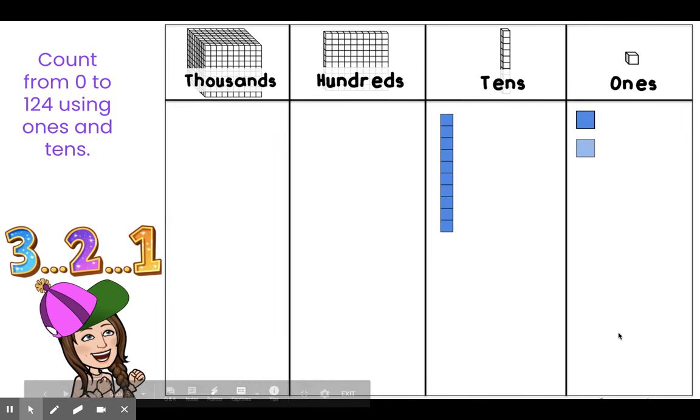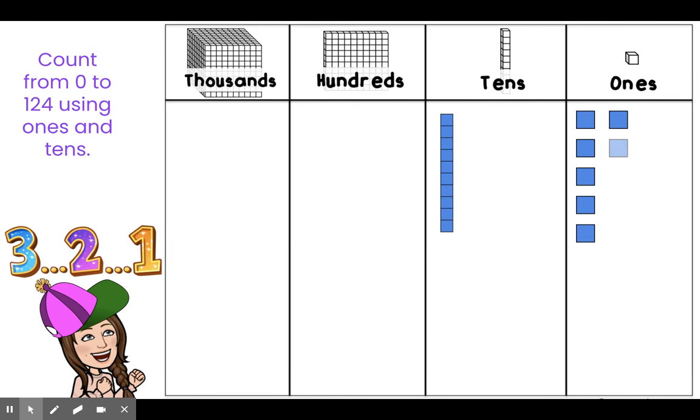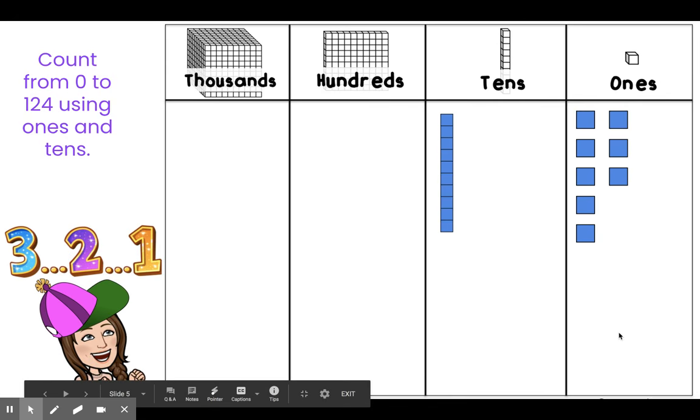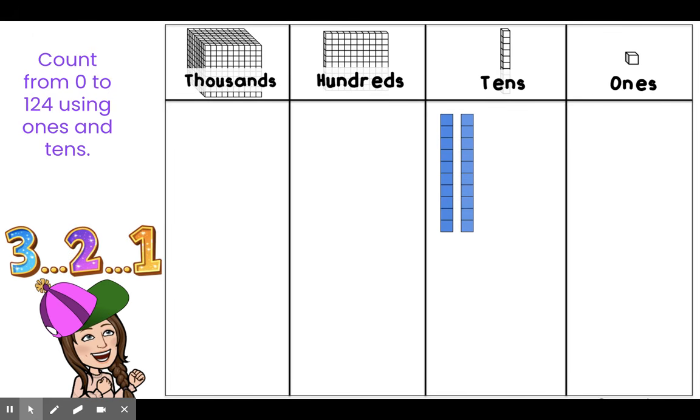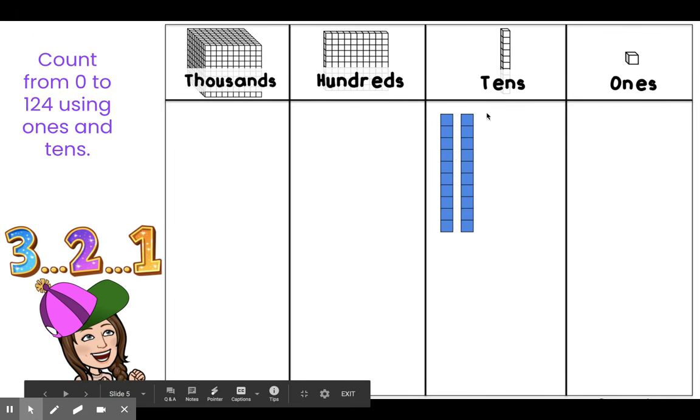11, 12, 13, 14, 15, 16, 17, 18, 19, 20. We now have another group of 10 ones. We can bundle those and trade it for, I hope you said it, 10. Now we have two groups of 10, 10, 20.